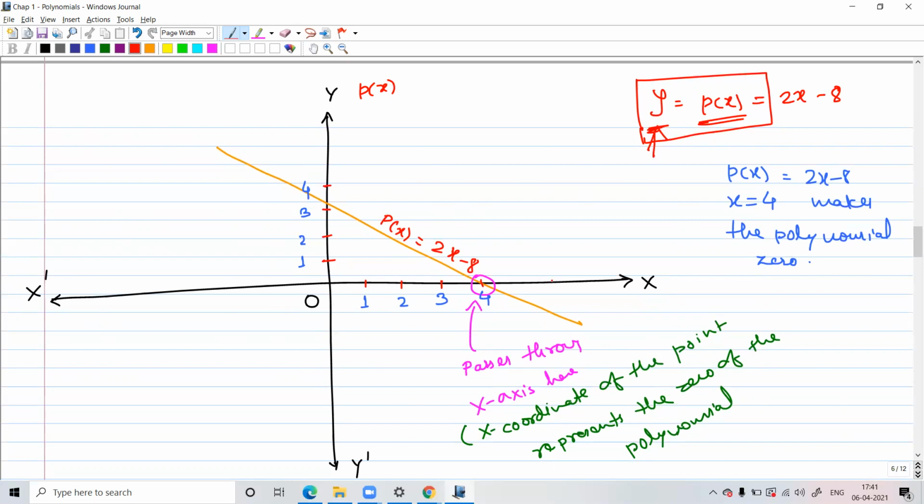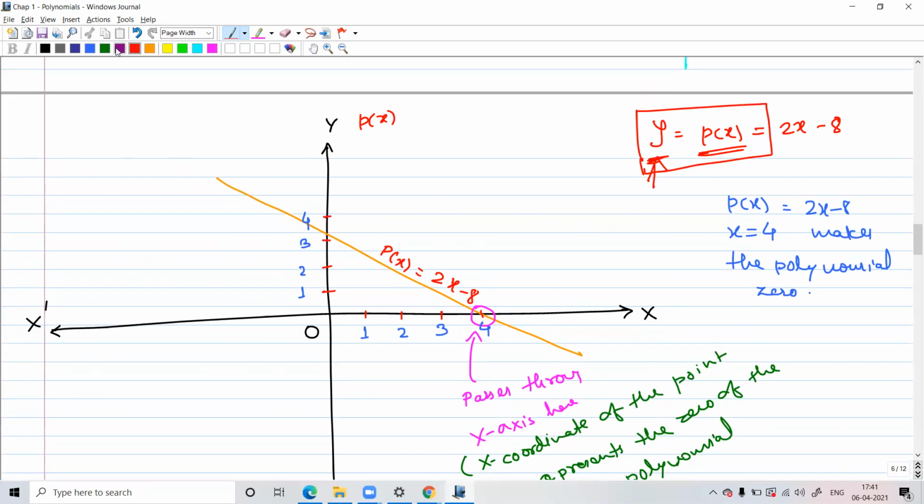When you draw the graph, you know that a linear polynomial will always have a graph of a straight line. And I also told you that it passes through the x-axis one time. So as you can see, here it is passing through. What is the coordinate of the point where it is passing through?